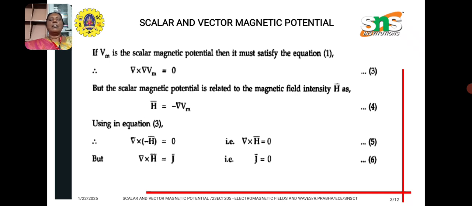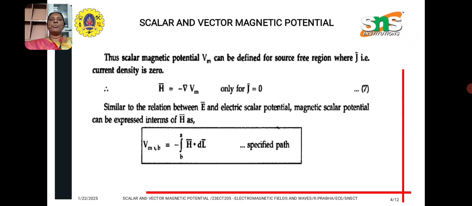But we know that according to Maxwell's equation, the curl of magnetic field is equal to current density, that is del cross H is equal to J. So according to equation number 5, since del cross H is equal to 0, this J is also 0. The scalar magnetic potential Vm can be defined for source free region, that is the current density is 0, H vector is equal to minus del Vm, and this is only for source free region where J is equal to 0.